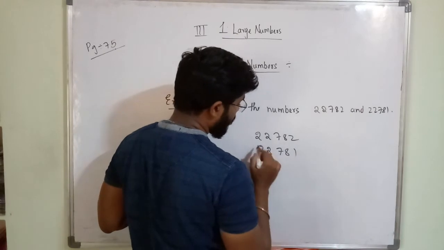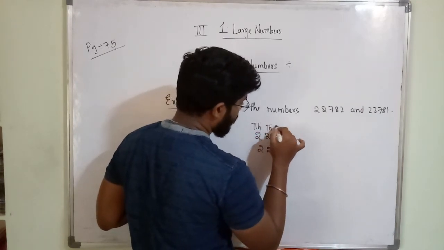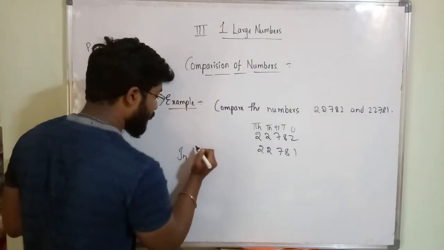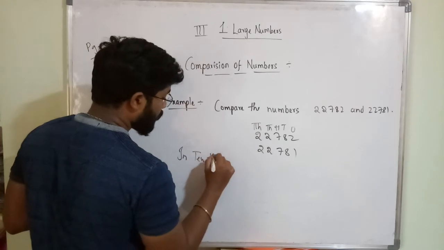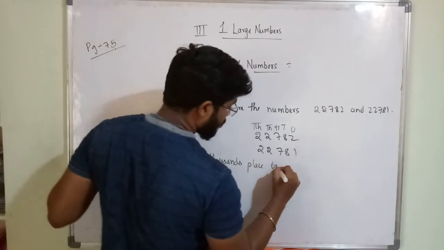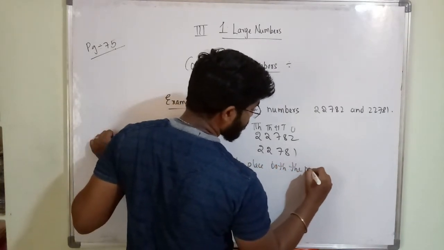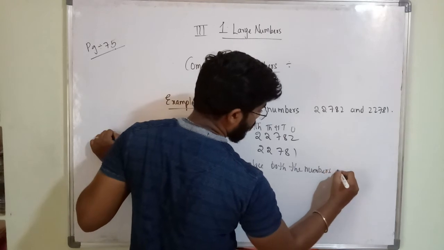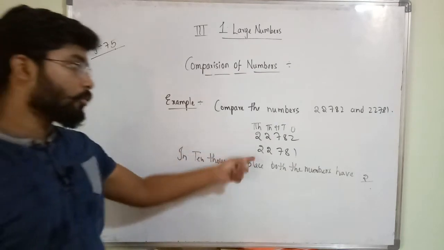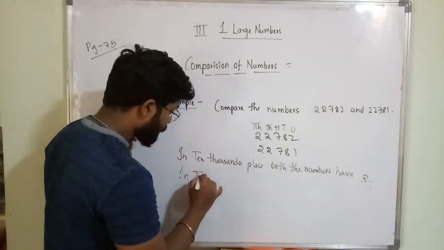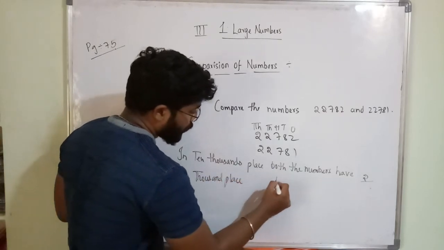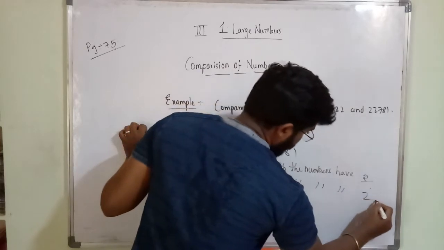This is the 10,000s, thousands, hundreds, tens, ones. In the 10,000s place, both the numbers are having which digit? 2. In the thousands place also, both the numbers have 2. We are coming from left to right.